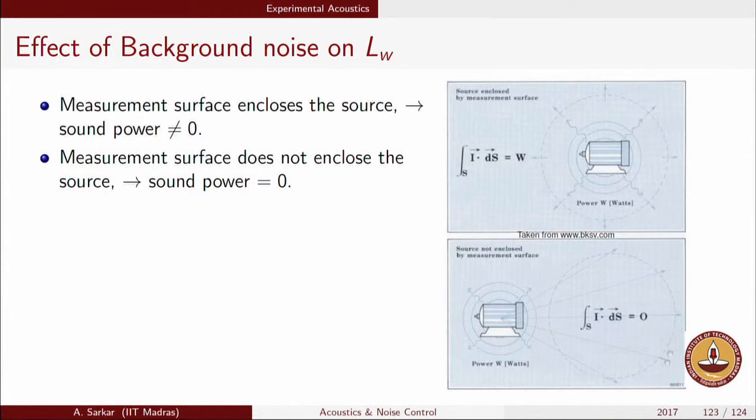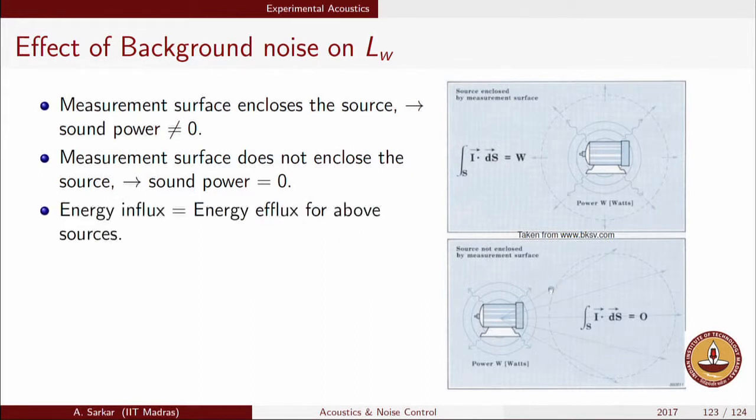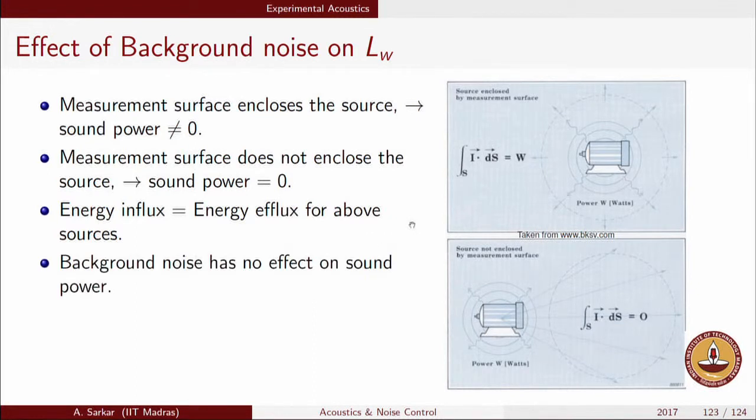If you were to measure sound power across a hypothetical surface within which there are no sources of sound, then that should give a sound power of nearly 0, except for instrumental errors. When sound power is 0, that essentially means the net efflux of energy is 0, which means the amount of influx equals the amount of efflux, something you have also seen in fluid mechanics parlance.